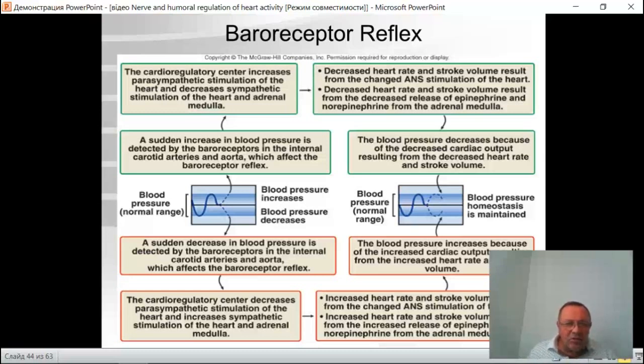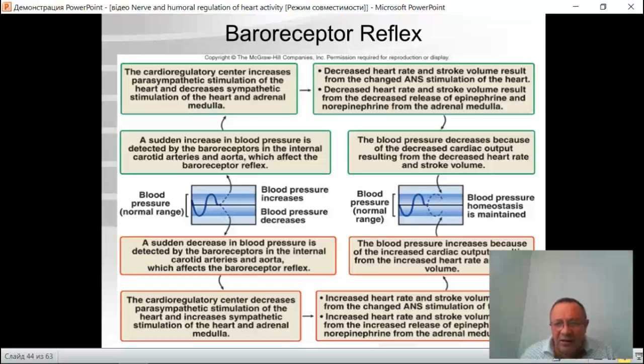Next, impulses go to cardioregulatory centers and increase parasympathetic stimulation of the heart and decrease sympathetic stimulation of the heart and adrenal medulla. As results, decrease in heart rate and decrease in stroke volume, through autonomic nervous system stimulation of the heart.